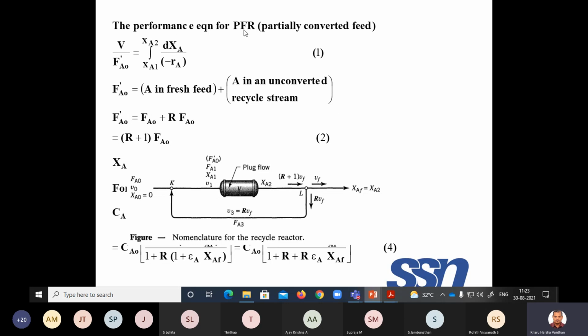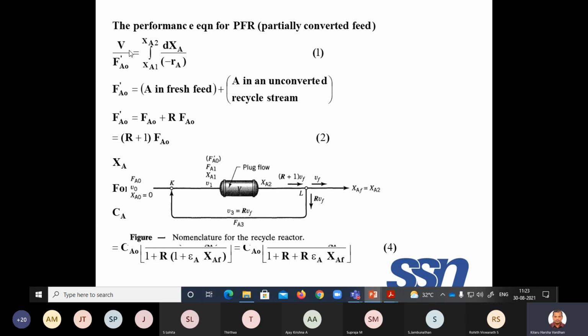So performance equation of PFR, which is partially converted feed, because the unreacted feed is mixed with the reacted. So the performance equation V by Fa naught dash, we don't know how much it is, we will calculate. V by Fa naught dash is nothing but tau by Ca naught.